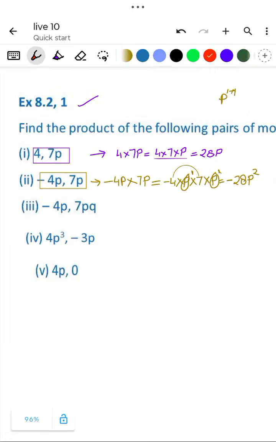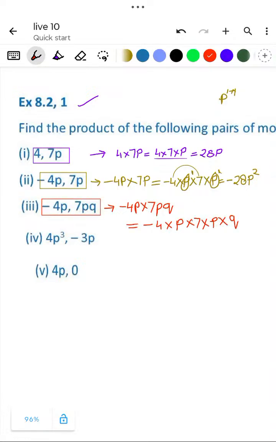Now the third is negative 4p and 7pq. So this can be written as negative 4p times 7pq. We have to multiply both monomials, so this will be equal to negative 4 times p times 7 times p times q.